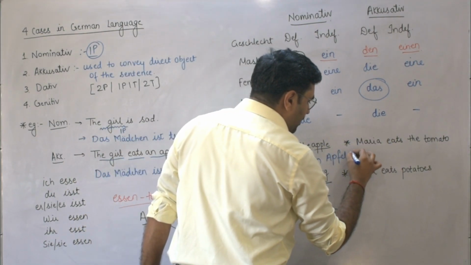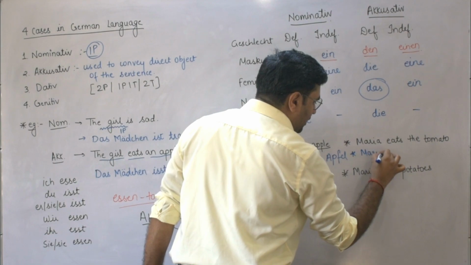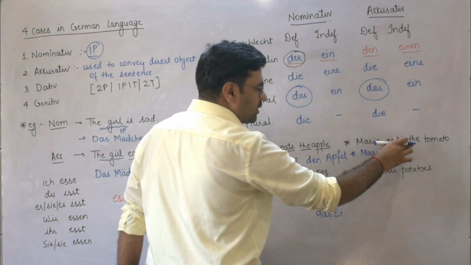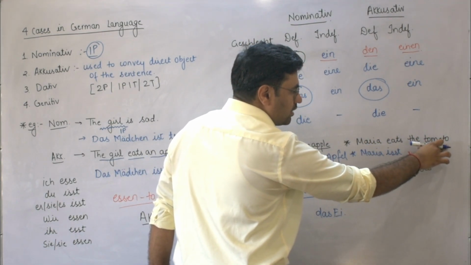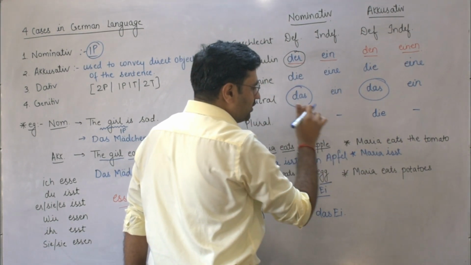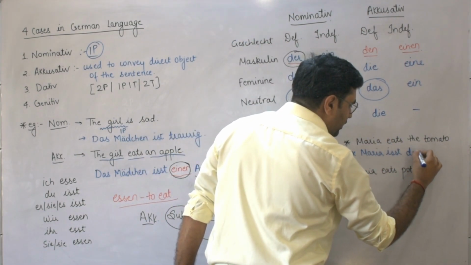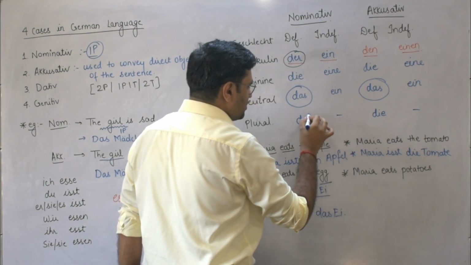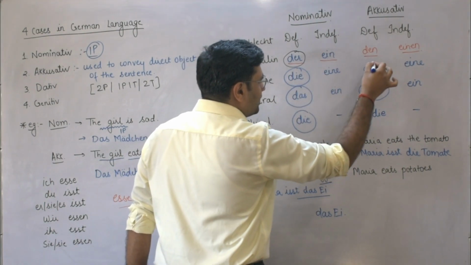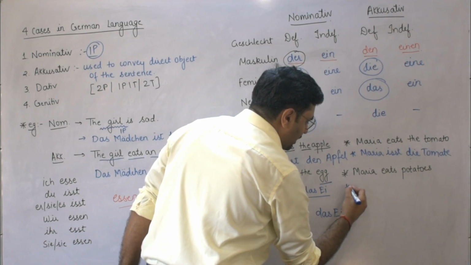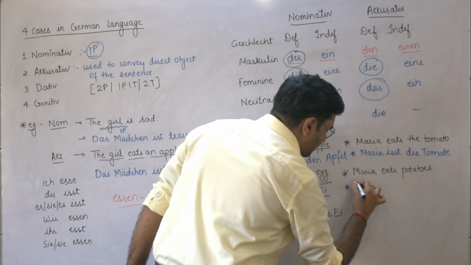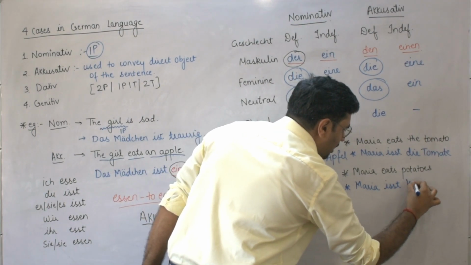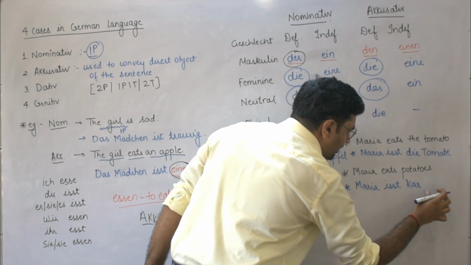Now, Maria eats the tomato. Tomato is feminine in gender, so I'll write Maria isst die Tomate. Why die? Because in feminine die remains die only. And for plural, Maria eats potatoes: Maria isst Kartoffeln.